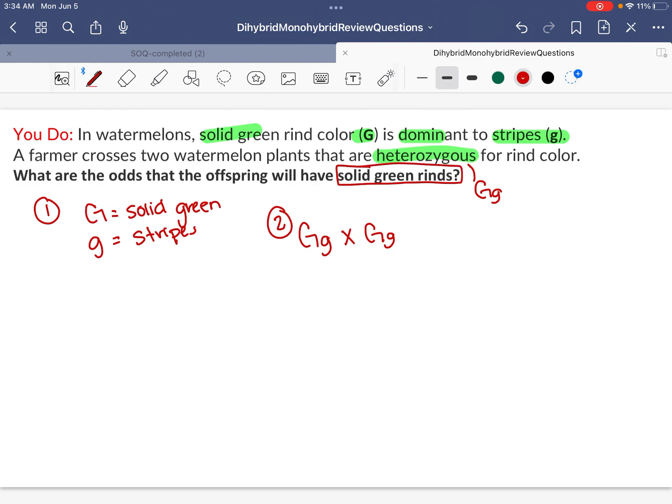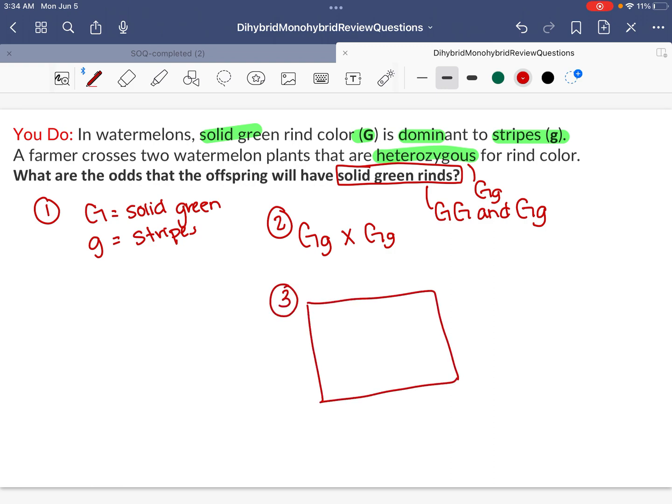So our question is asking, solid green would be capital G, and heterozygous. Both of these will give us green rind. So again, work it out on your own.